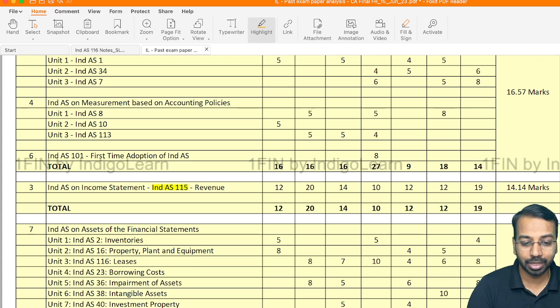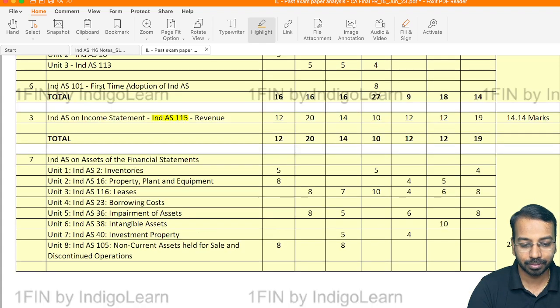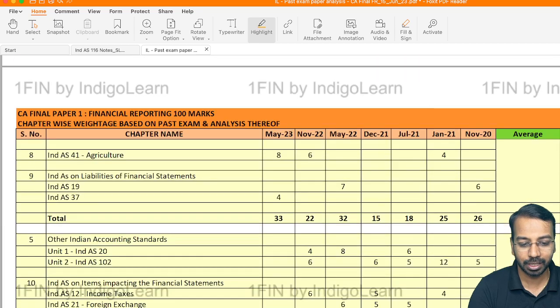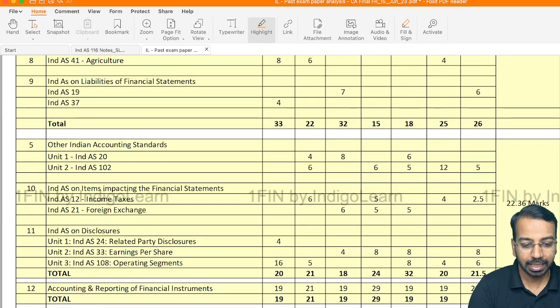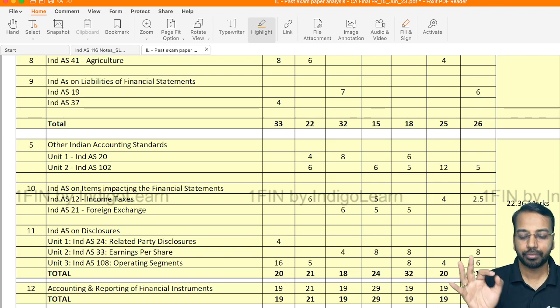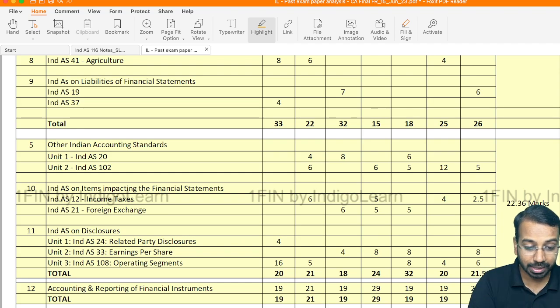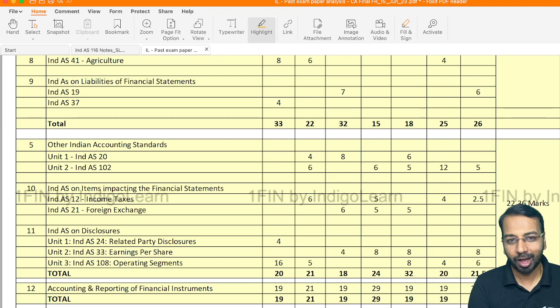Then coming to the next important part of the testing aspect, accounting and reporting on financial instruments, 20 marks in every exam. Again, this is one standard where a lot of students are scared. Even I as a student was scared. How many of you feel that this is a very tough standard and that we may not be able to handle it well in the examination?